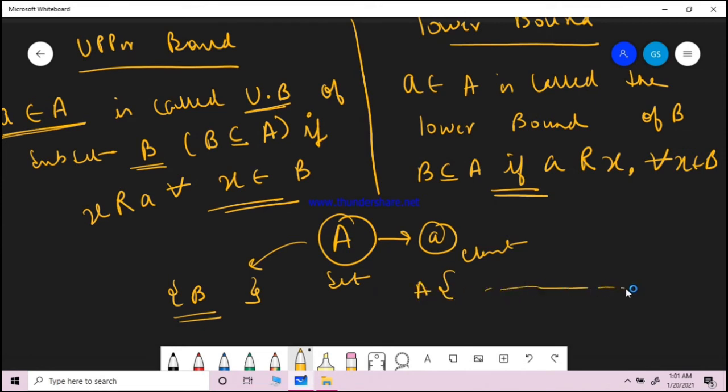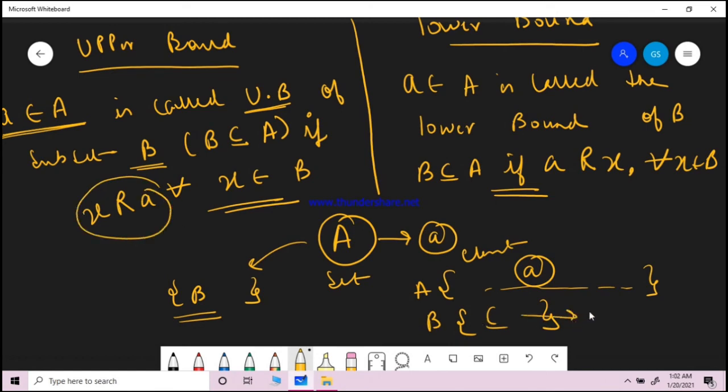First is A that contains all the elements, and another set B that is the subset of A, part of A. Suppose there is an element a in A. Then a will be the upper bound when this condition is true: every element of B, every element x1, x2, x3, is related to a somehow.